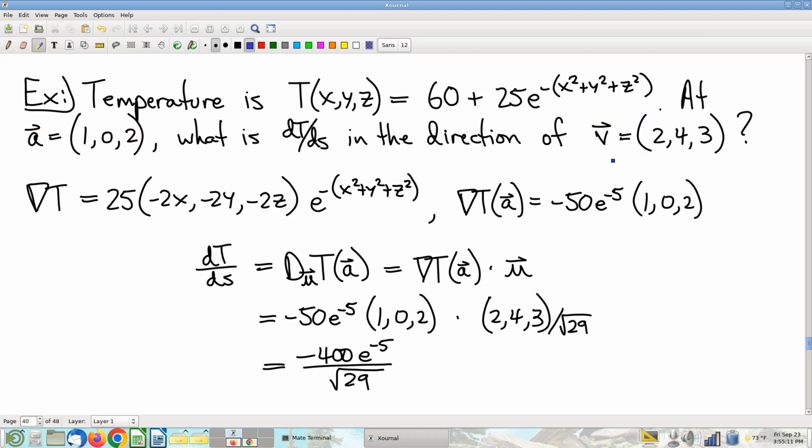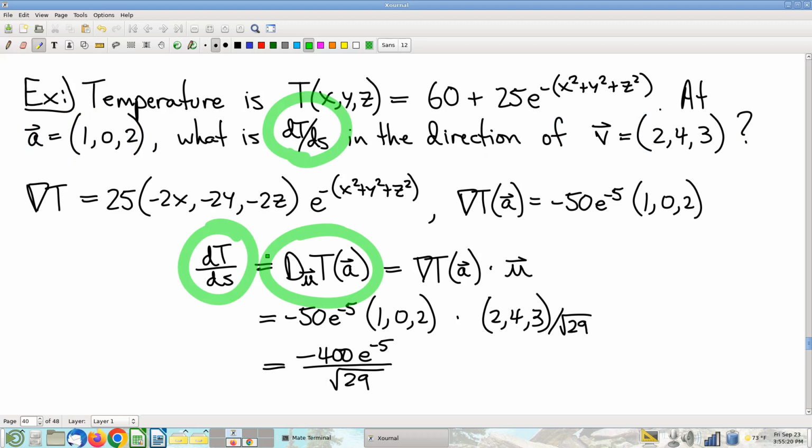Well, notice the question explicitly asks for rate of change with respect to distance, aka directional derivative, computed as usual, the usual formula. Again, you have to be careful. You need a unit vector, not just whatever vector you're given.